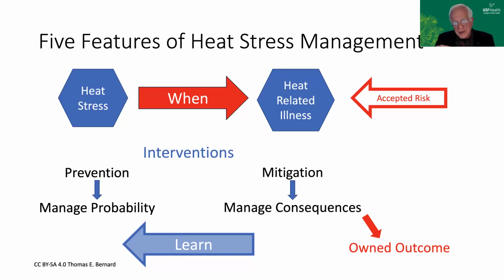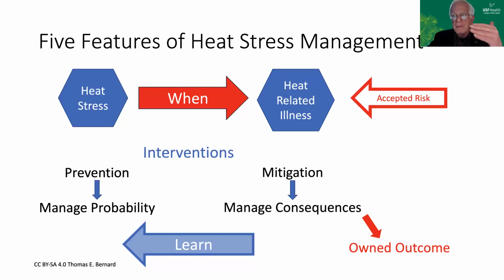Then in a systems safety sense, once you make decisions here about what levels of heat stress you're going to tolerate, and then the accompanying risk that you're going to have a heat-related illness, you're accepting that risk. So it's not a matter of, oh my God, I don't know where that came from.